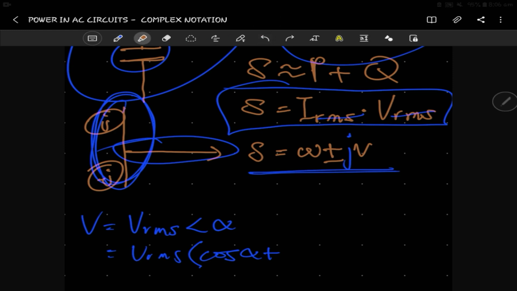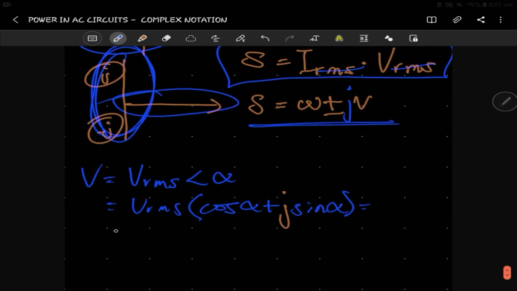The J is very important, so we must bring it before what we want to write so that we always remember it. And then we have sine of the same angle. And now you know that we can still write the same voltage in this way.